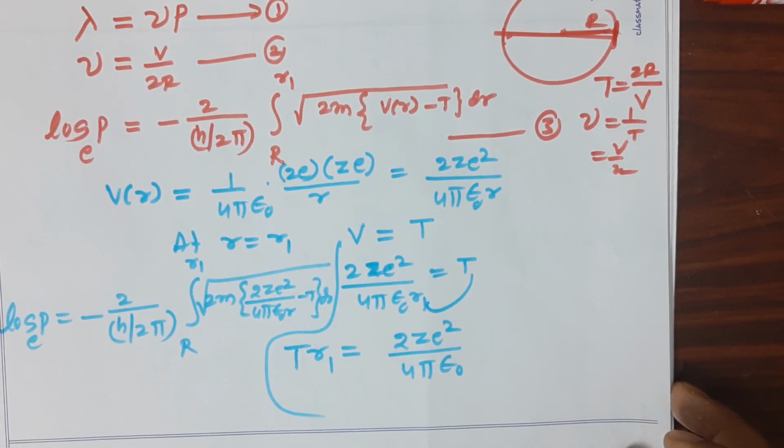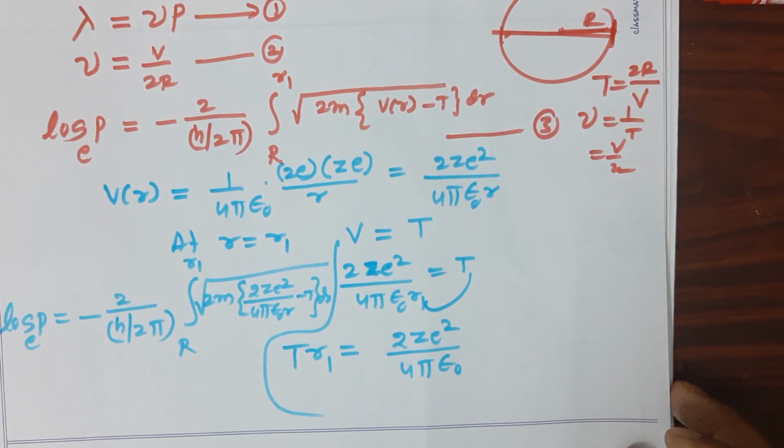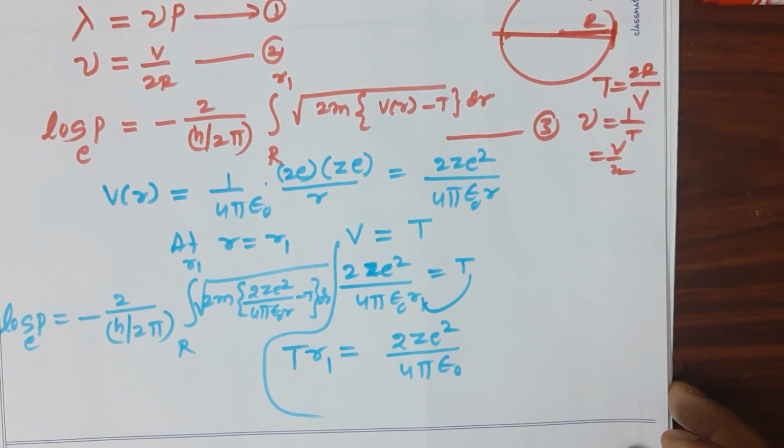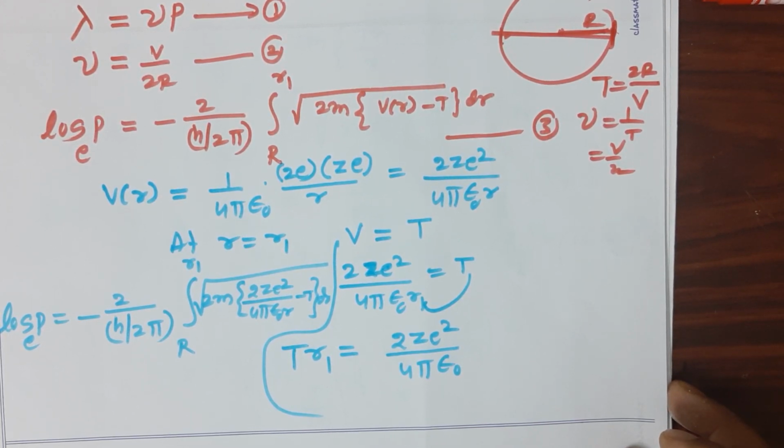Therefore, even though it has less kinetic energy than the potential barrier, it has the probability to leak through the potential barrier. That effect is called tunneling effect. So Gamow explained the alpha decay process by using the concept of tunneling effect.